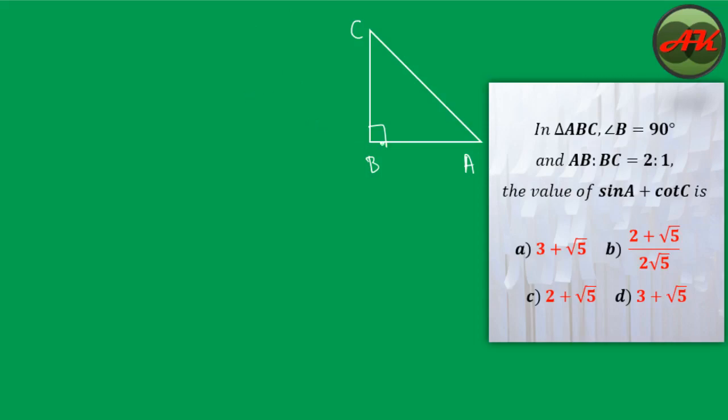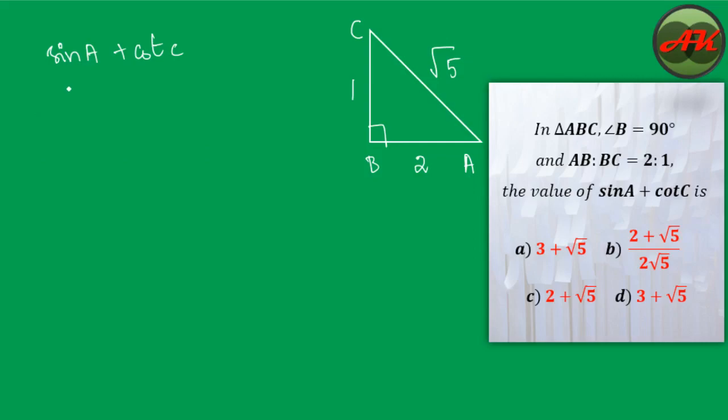They have given the ratio AB to BC, so AB here is 2 and BC is 1. So AC is root 5. They asked to find sin A plus cot C.